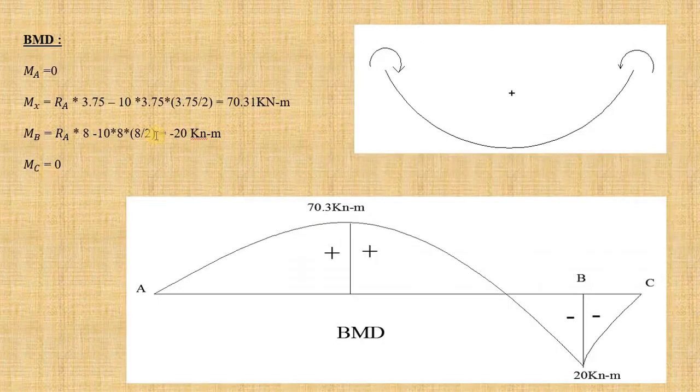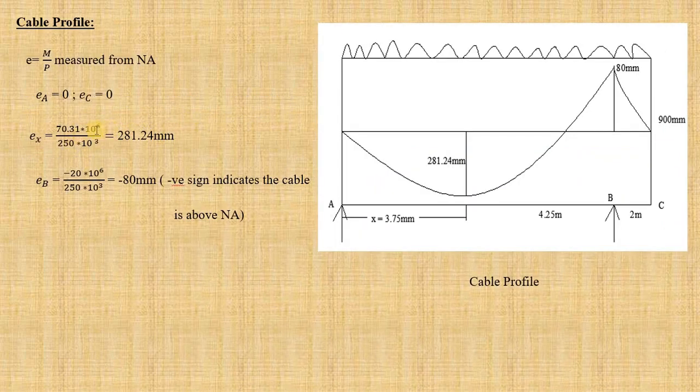The MX value we know is 70.31 kilonewton meter. Convert that into Newton mm, so it will be 10 power 6. Then I assumed in the initial slide, maybe the second slide, I have written a note, that P value I am taking as 250 kilonewton.